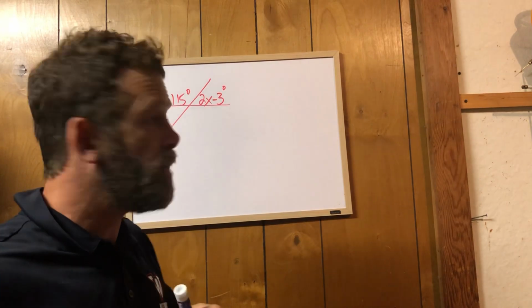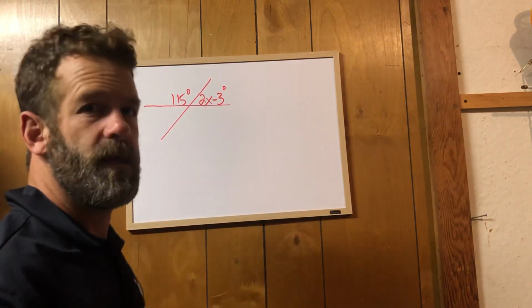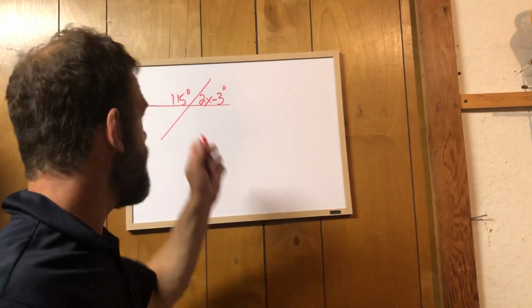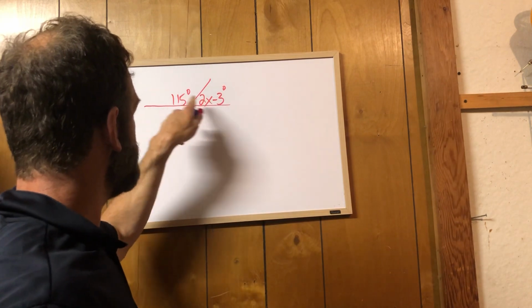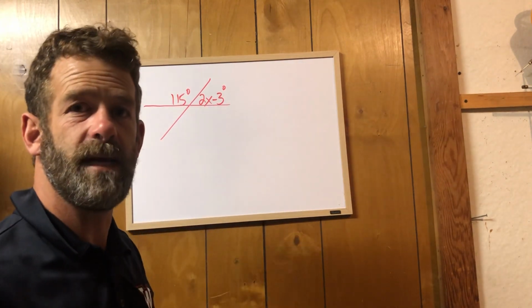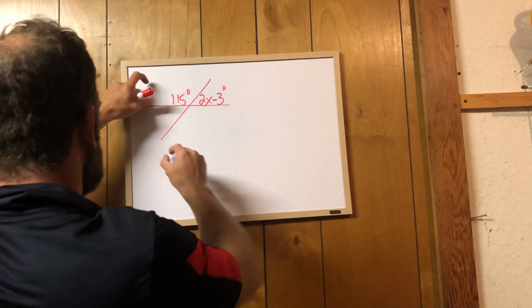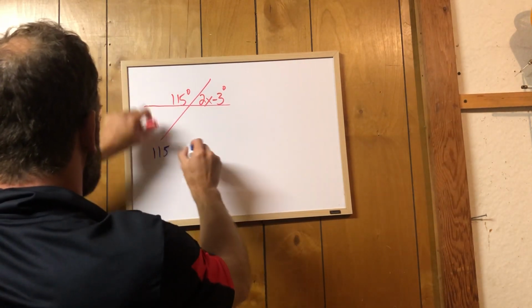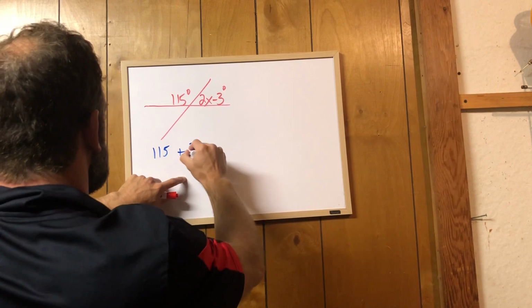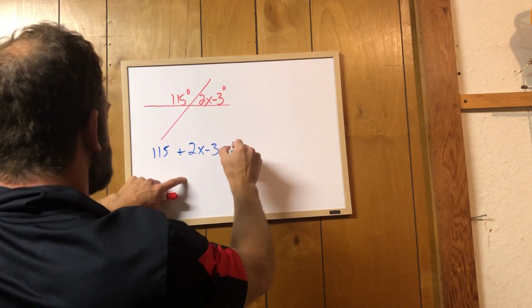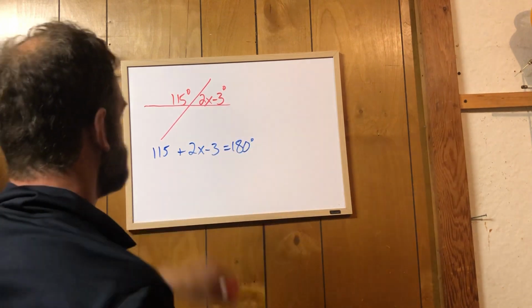So what do you know about these 2 angles right here? I know that when I add this plus this, they equal 180 degrees because they're supplementary angles. So 115 plus 2x minus 3 has to equal 180 degrees.